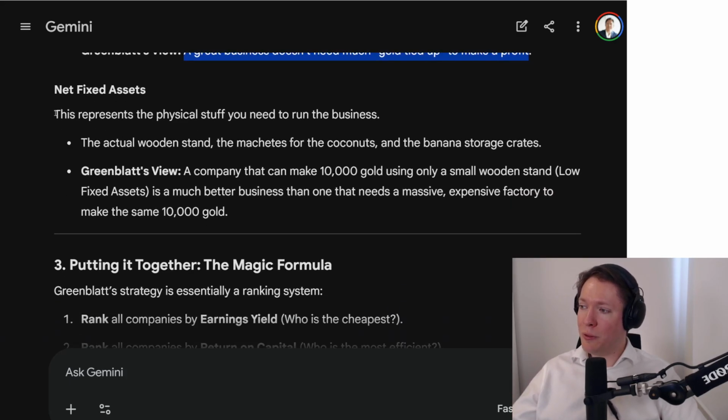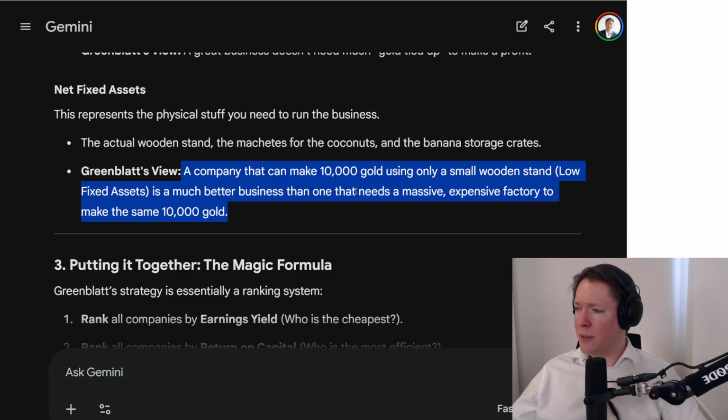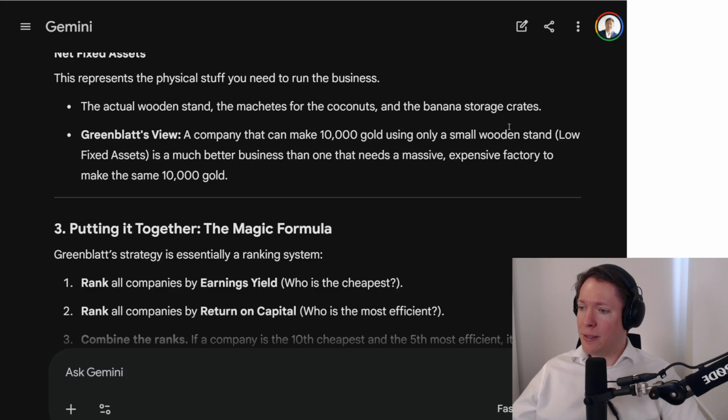And then the same goes for the fixed assets, which is the wooden stand, as I said, and machines for the coconuts and the banana storage crates and so on. So a company that can make 10,000 gold using only a small wooden stand is a much better business than one that needs a massive expensive factory for the same 10,000 gold profit.